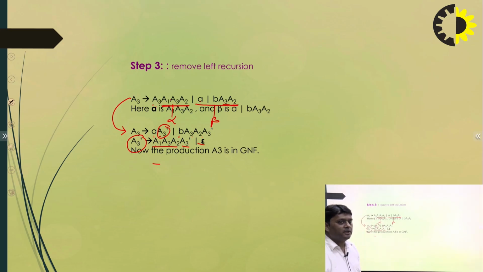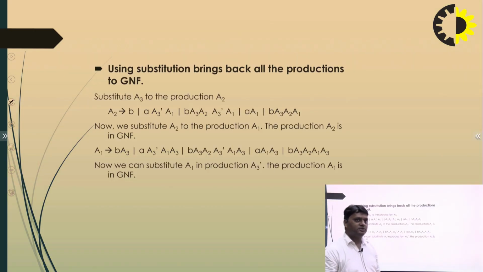This production is now in GNF. Next, we put these substitutions back into the productions to find our GNF. Substituting A3 into the production A2, we get A2 implies B, A2 implies A A3 dash A1, B A3 A2 A3 dash A1, A A1, B A3 A2 A1.